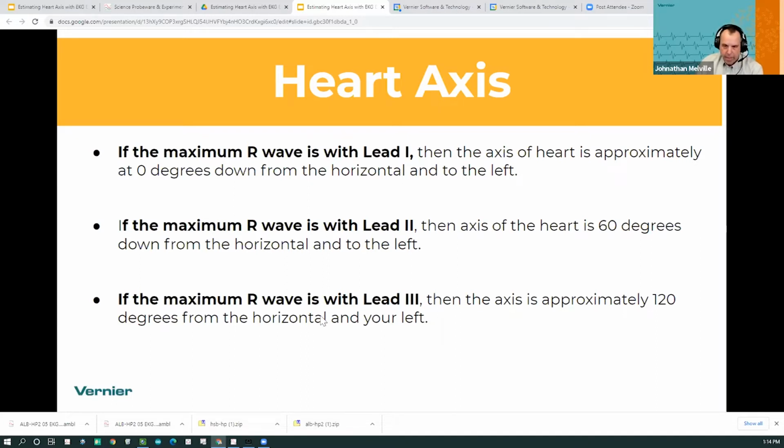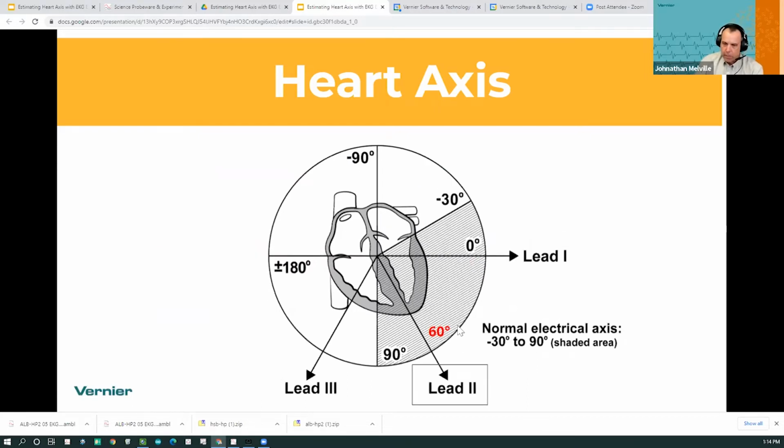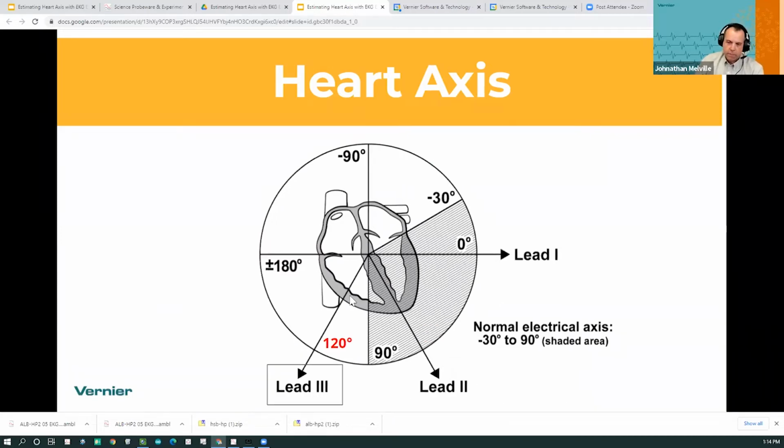And to just show you a diagram of that, if the largest R wave is at lead 1, that's 0 degrees. If the largest QRS, largest R wave is at lead 2, that's 60 degrees. And if the largest one is at lead 3, then that's 120.